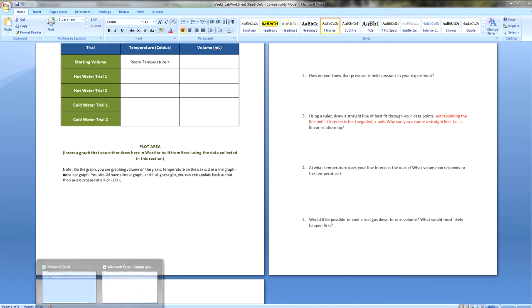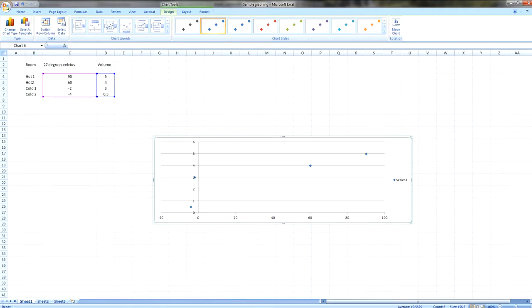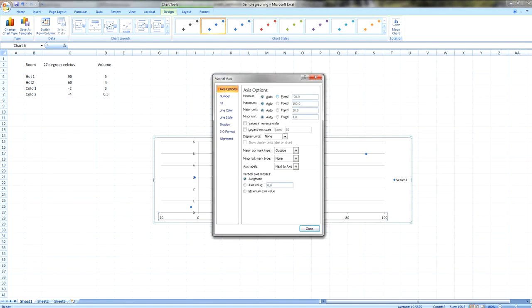So if I go back to my graph now, I need to make sure this axis gives me a range of negative 300 at least, and then maximum 300. So I have to go to format the axis, x-axis, and once you're inside here, choose the fixed option, and for the fixed, I want the minimum to be negative 300 and the maximum positive 300.